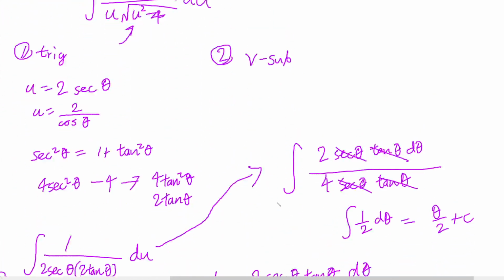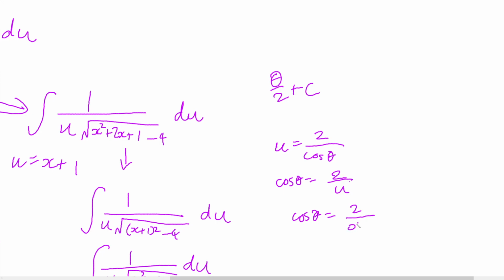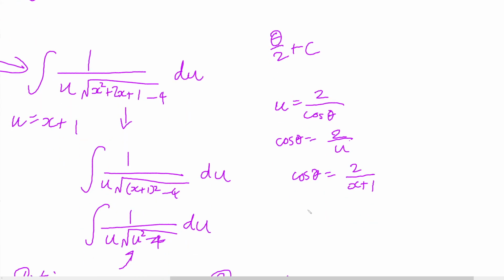So if u is 2 over cos theta, that means cos theta is 2 over u, or cos theta is 2 over x plus 1, and to take the arccos of both sides would give us something in terms of x that we can use for theta, because arccos is the inverse cosine function, where you're putting in an output and getting the angle that was input into the function.